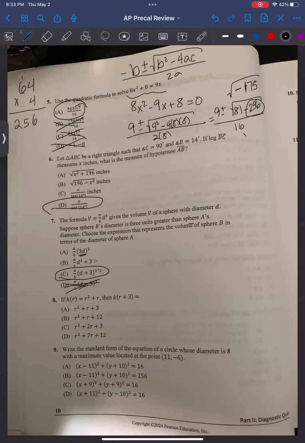Okay, so if k of r is equal to r squared plus r, then k of r plus 3 equals, oh, that's cute. Just to start off, I think D is wrong. I don't know where they got that 7 from. Okay, well, let's go through. It's saying replace every r with r plus 3.